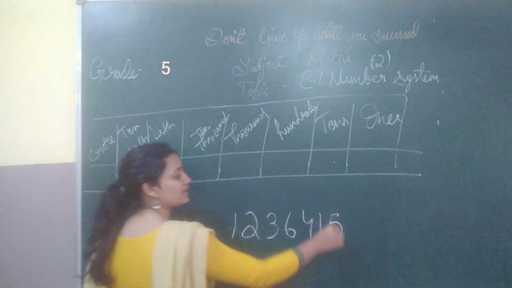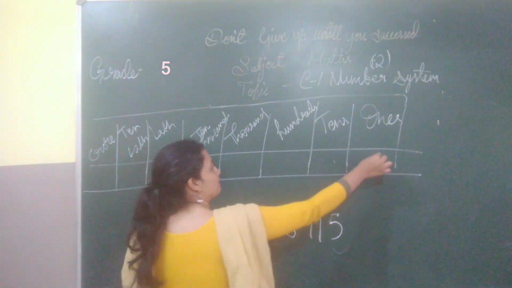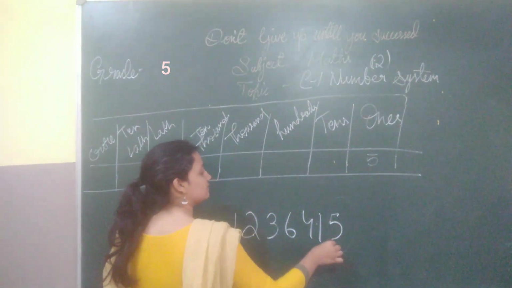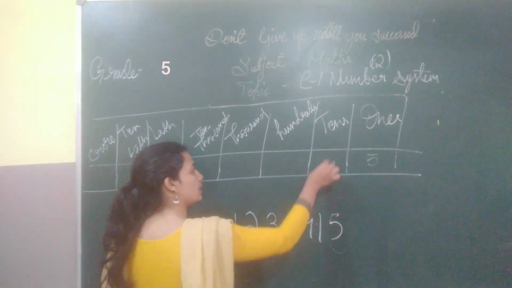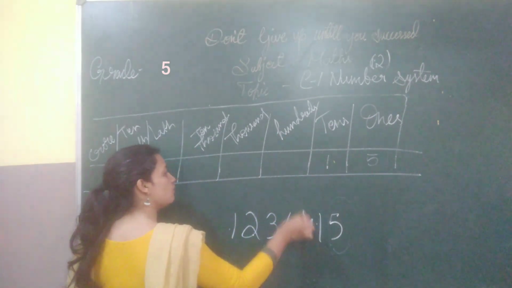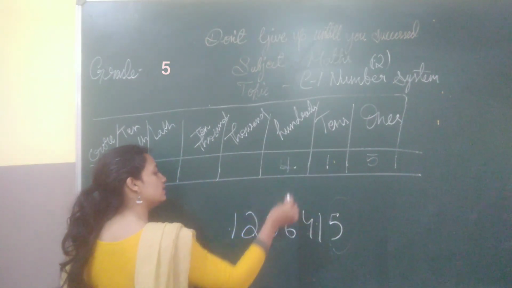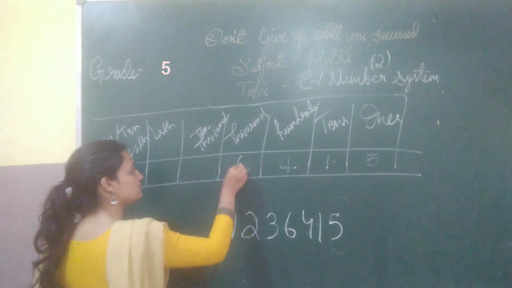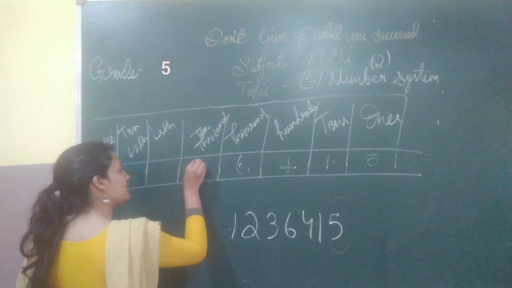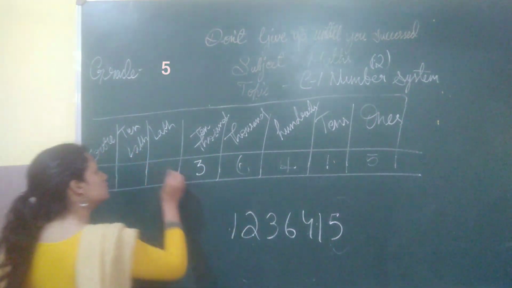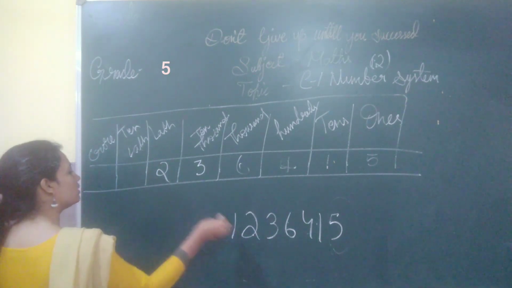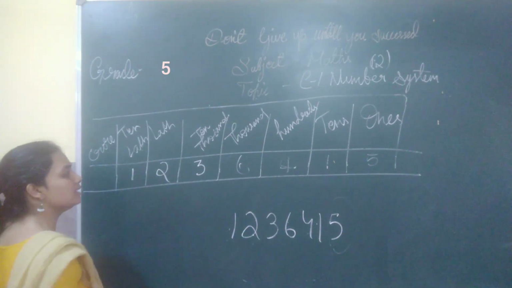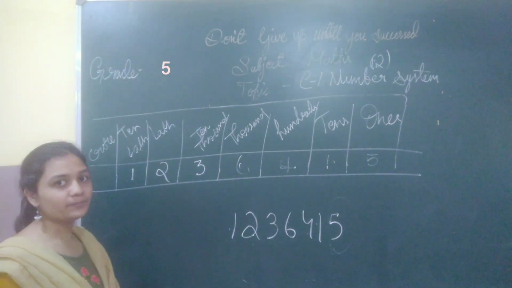We will always start from the right and place from the 1 place. 5 in 1 place, 1 in 10 place, 4 in 100 place, 6 in 1000 place, 3 in 10,000 place, 2 in lakh place, and 1 in 10 lakh place.